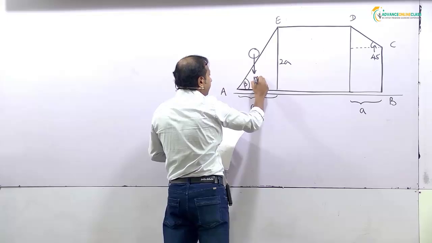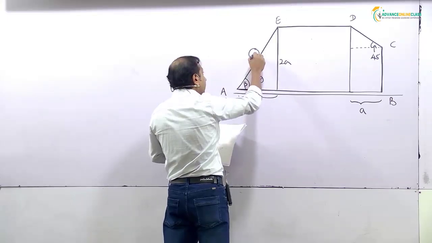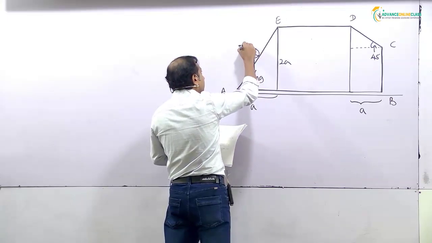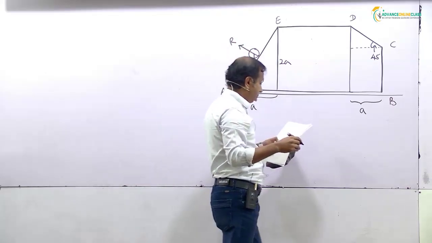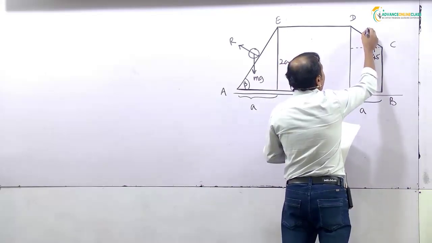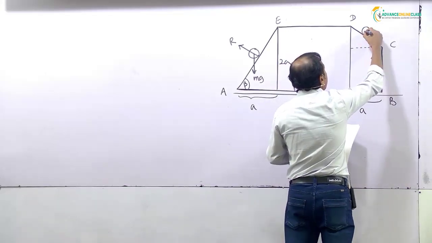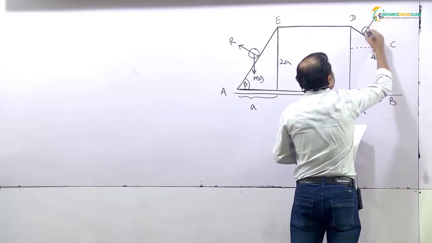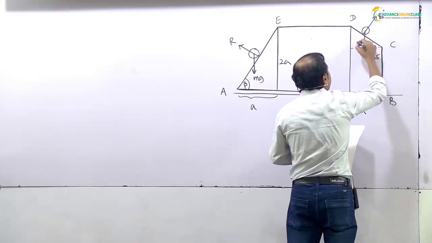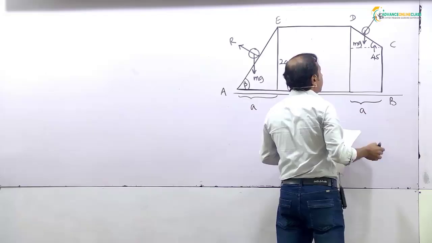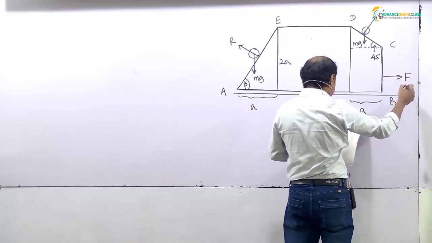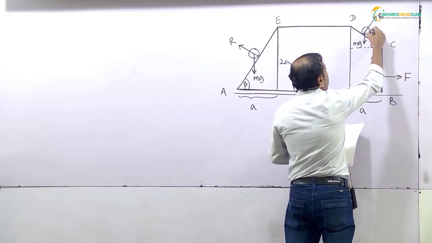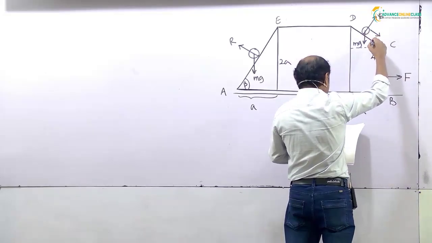Here, weight mg. Suppose normal reaction R. Here, weight mg. All the forces you must mark here. I take the acceleration of the wedge relative to Earth as capital F. This, relative to the wedge, F2.